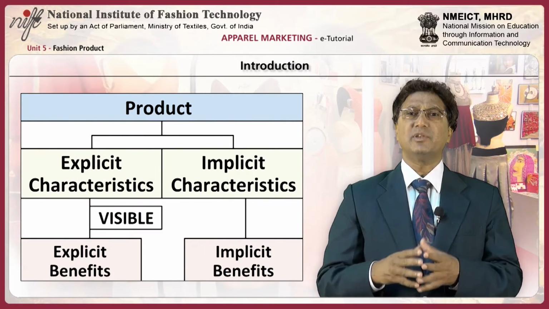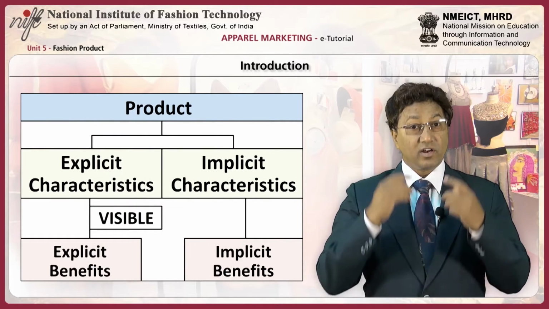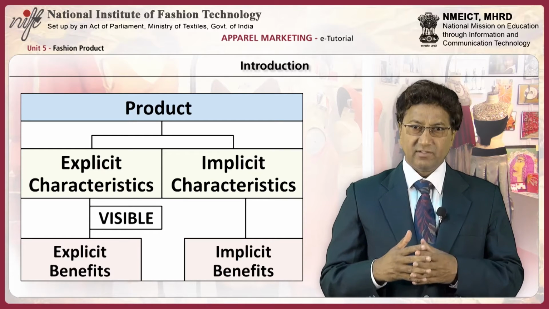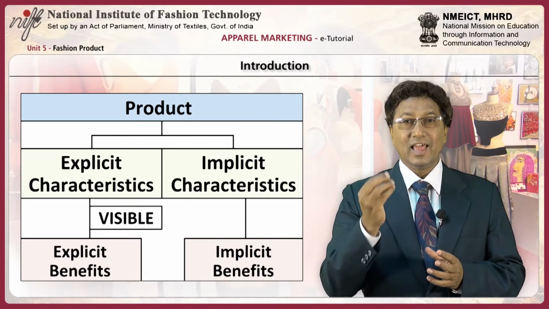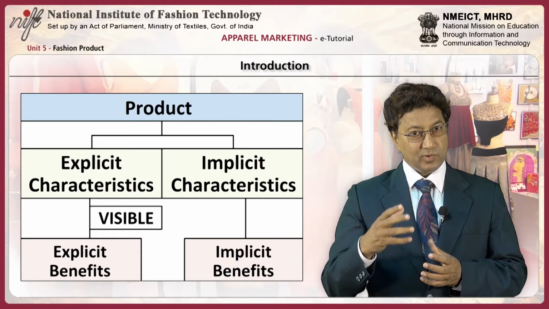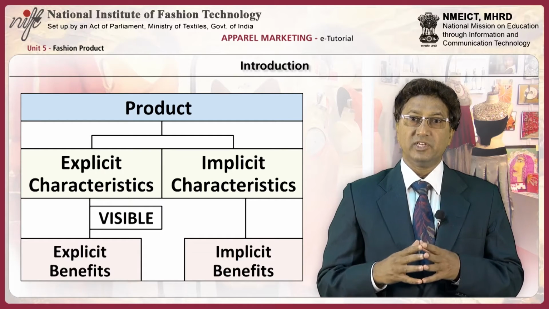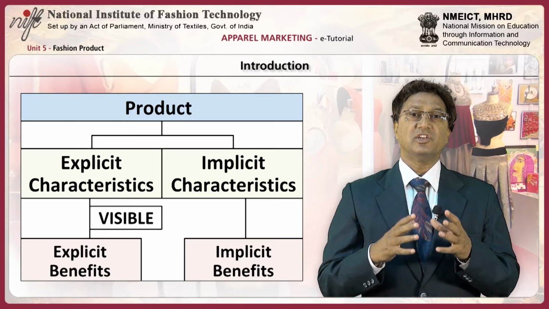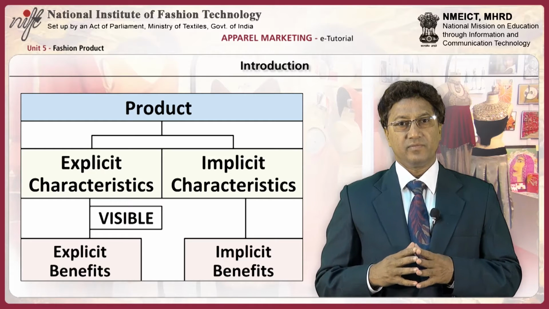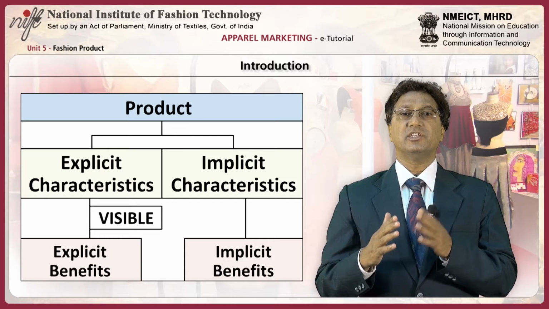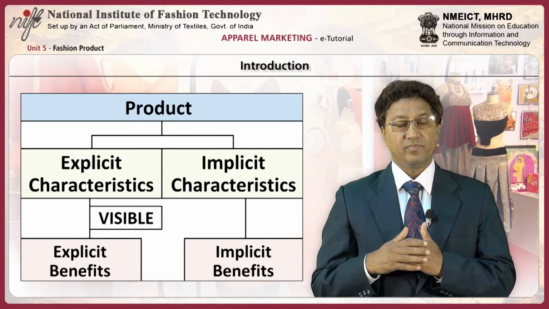The product's explicit characteristics are visible since they are representative of physical elements, consequently providing conventional albeit imperfect definition of product. We can substantiate this explanation still further.